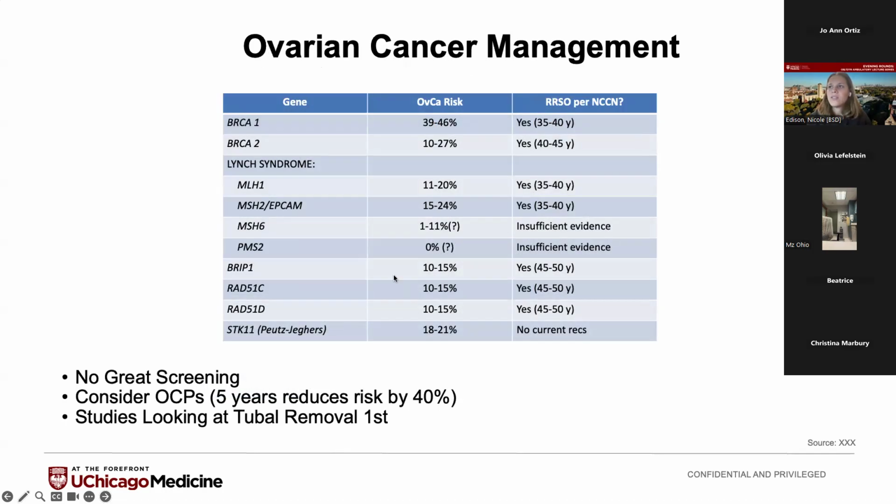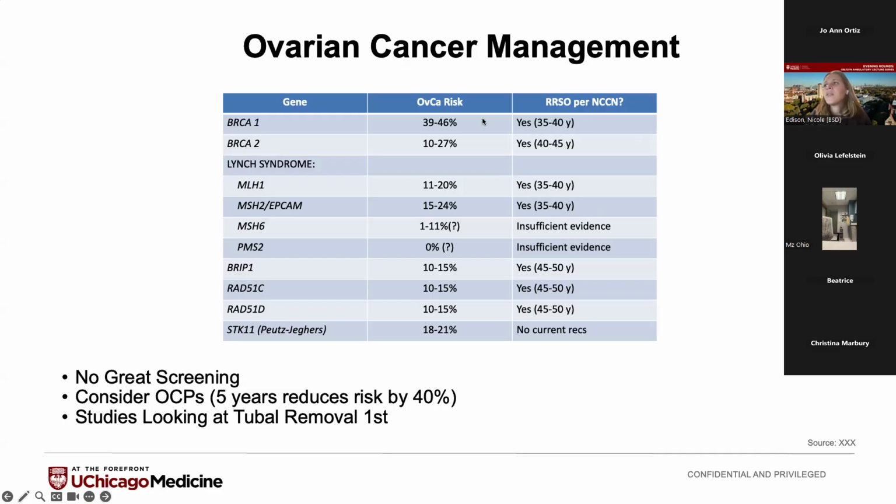For ovarian cancer, unlike breast, we don't have great screening, we don't have great treatment, and not great prevention besides surgery. And so surgery is really the best option for these patients, and that means removing the tubes and the ovaries.